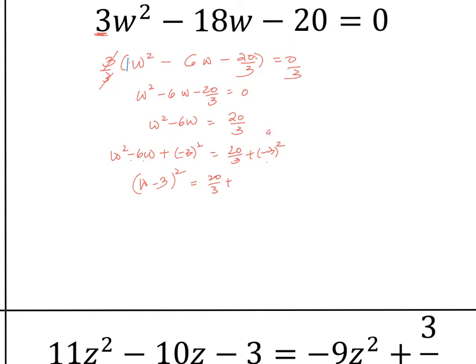So this will be 9, and I can rewrite this as 27 divided by 3, which is still 9, so I can add this. Then I'm ready to square both sides.